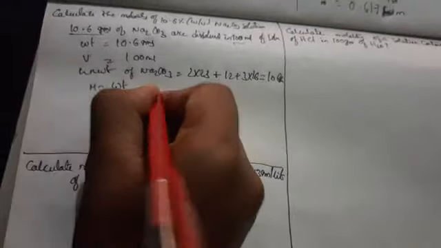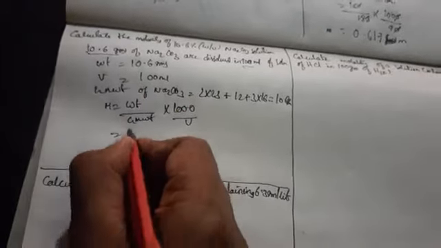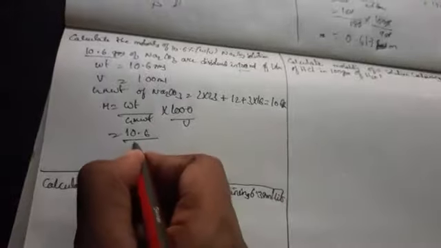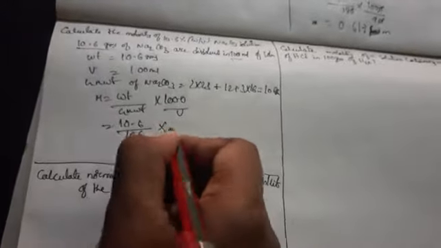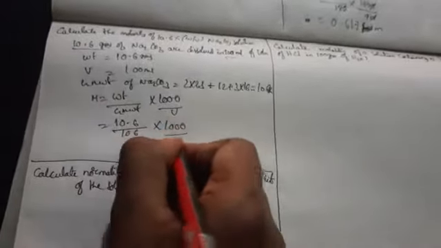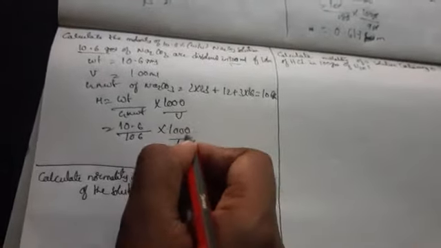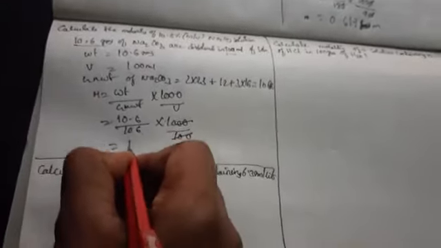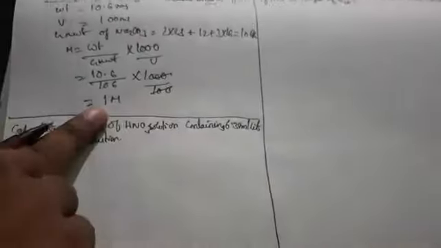Weight by gram molecular weight into 1000 by V. Weight how much do we have? 10.6 grams, divided by gram molecular weight 106, into 1000 by 100. 100 and 10, so the 10 cancels. So you will be getting 1 molarity as the answer.